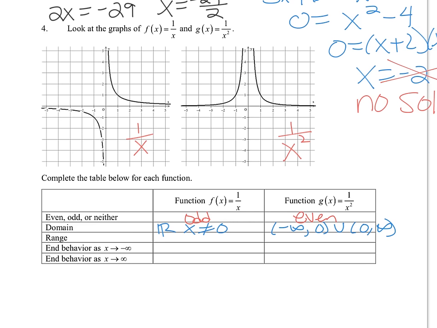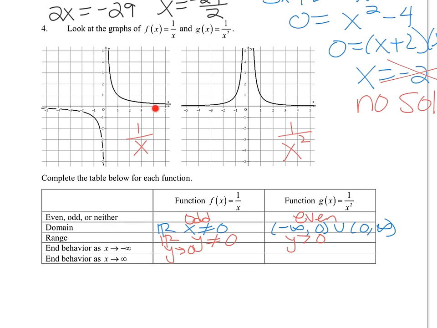For the range, for the f of x, it's all real numbers except y is not 0. But the range for g of x is everything greater than 0. End behavior, so as x goes to -infinity, our y is approaching 0.